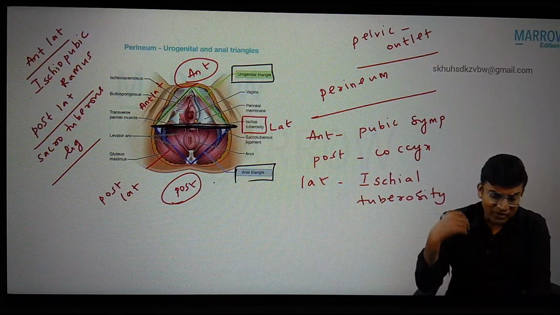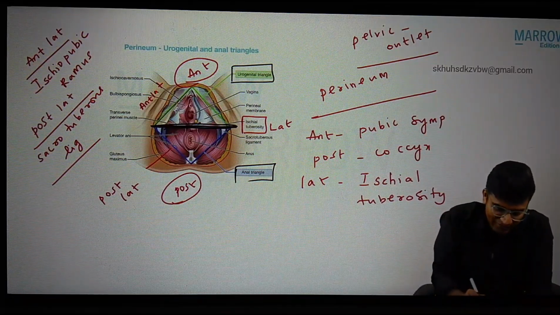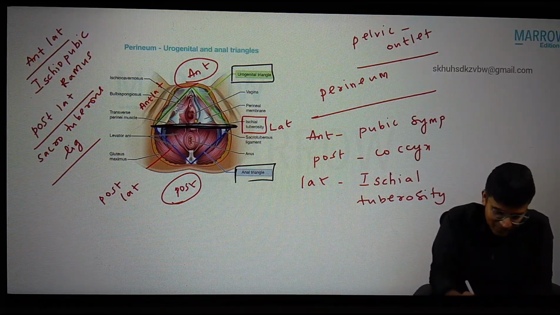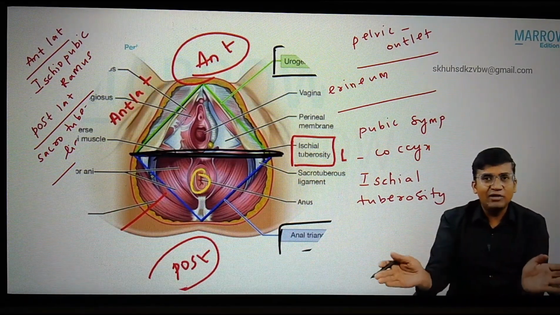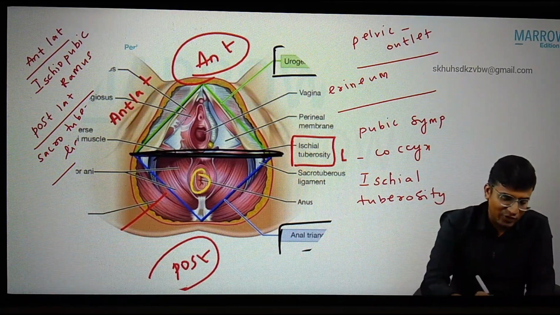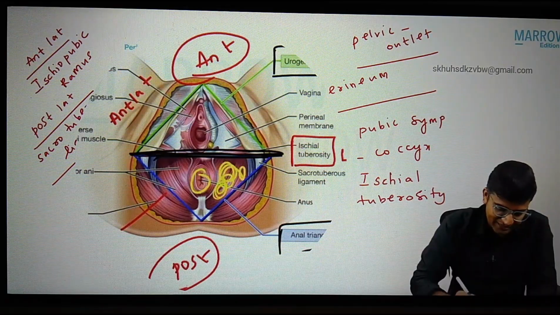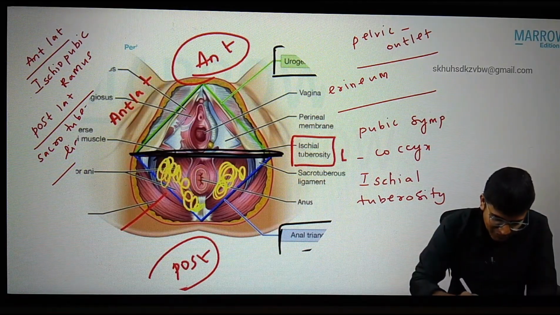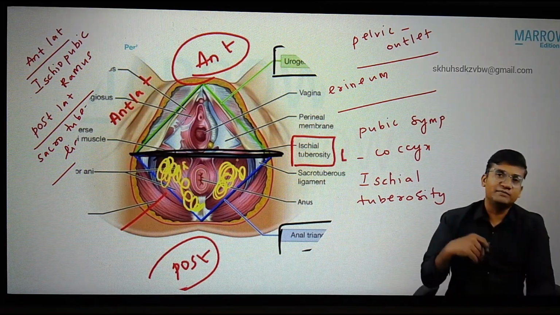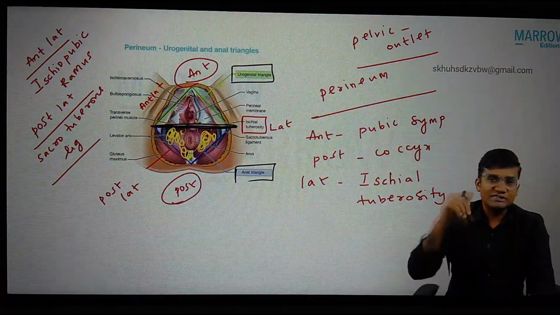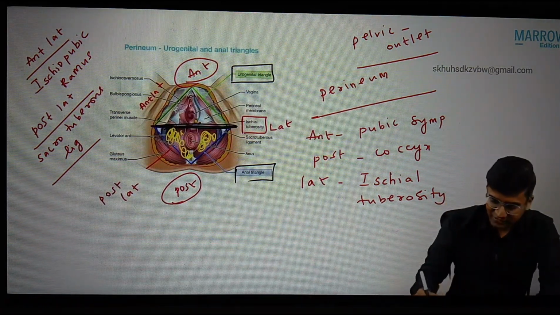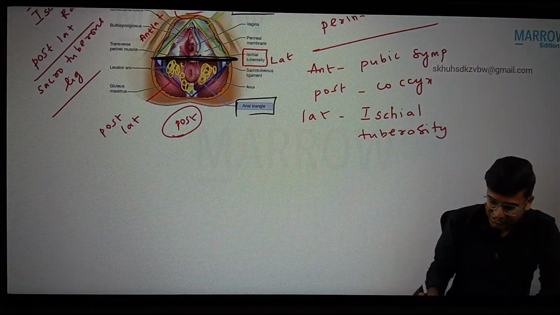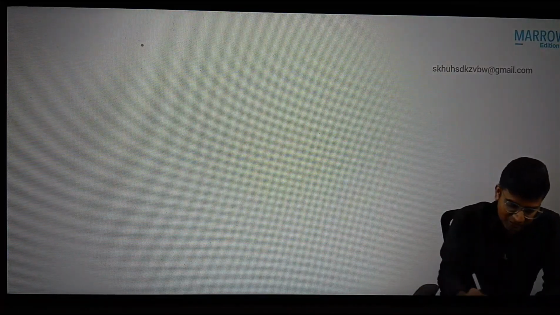In the anal triangle, we have the anal opening. On either side of the anal opening, in the anal triangle, we have a space. I am shading it. Yes, we're going to discuss only this space. This space is called the ischioanal space or ischiorectal space.